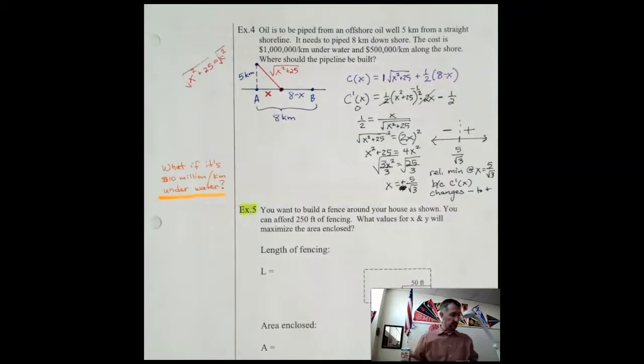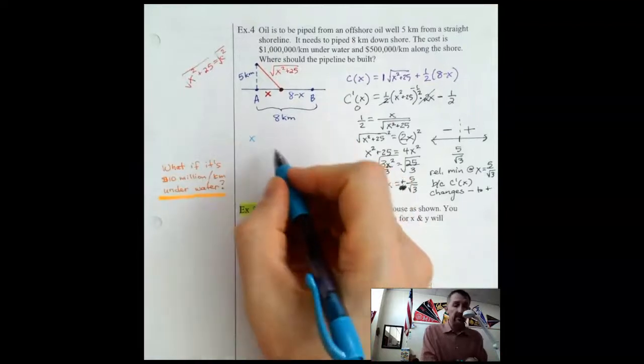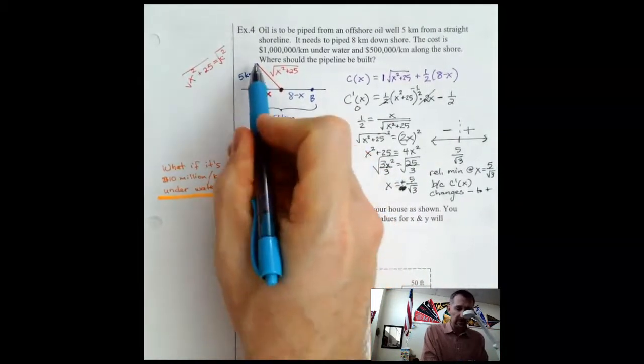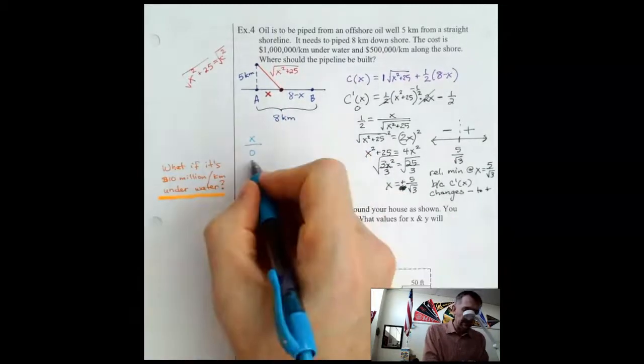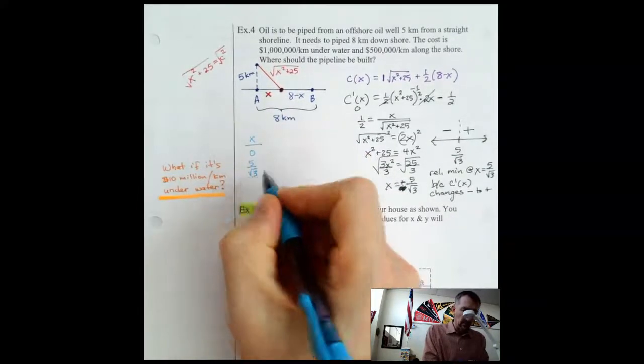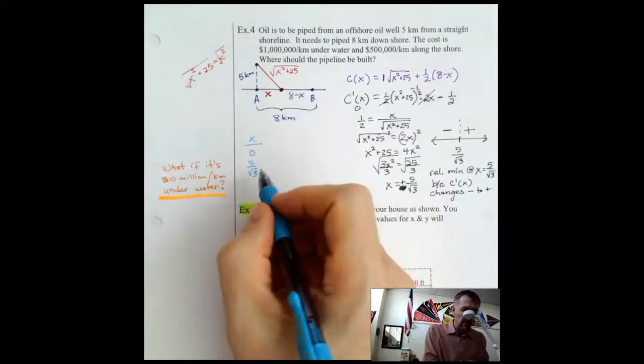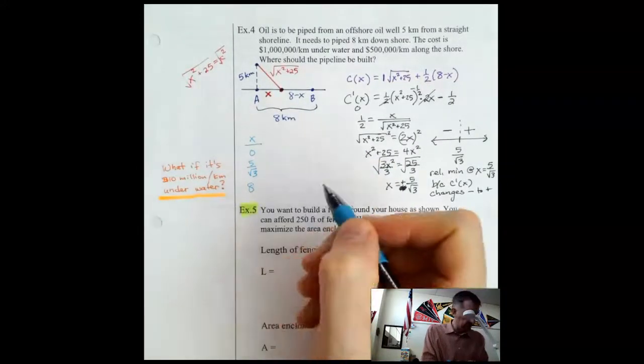Now we go to our last step here, and we kind of do our candidate table. So we have x. So x could be 0, or x could be 5 over root 3, or x could be 8. We could do it all the way down to where it needs to be.